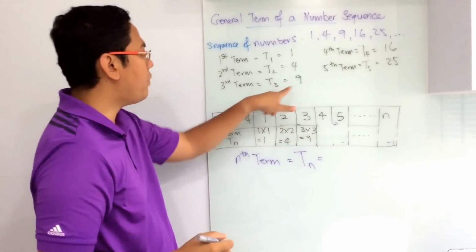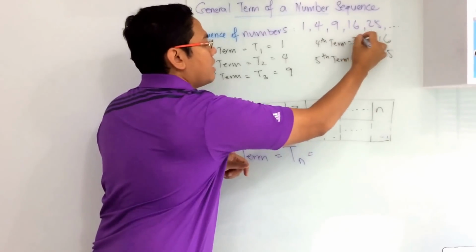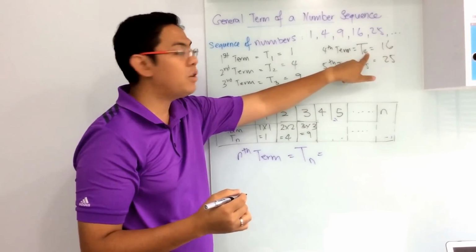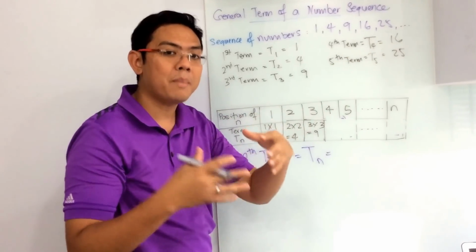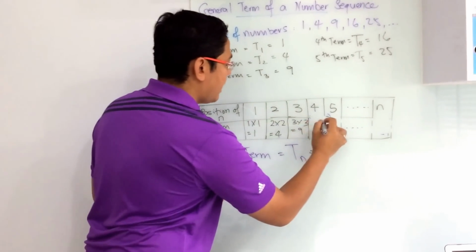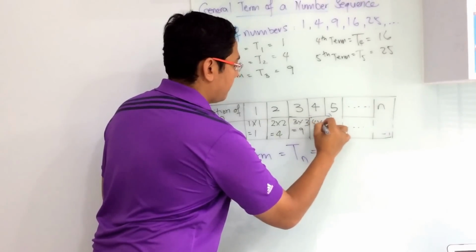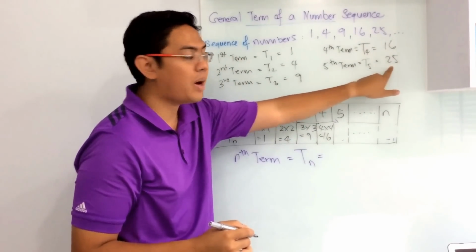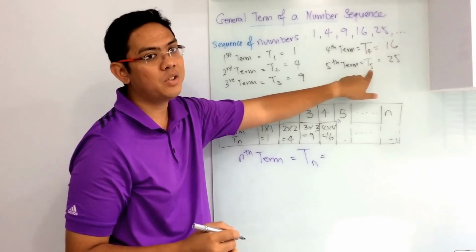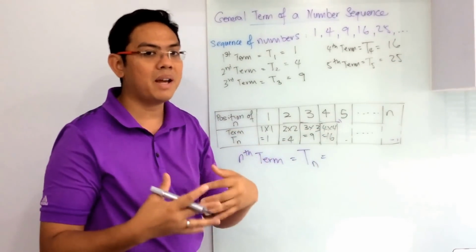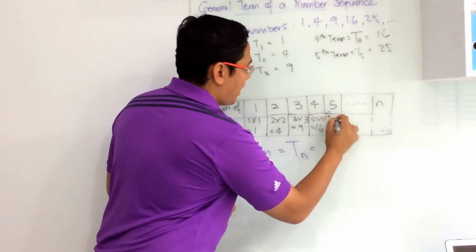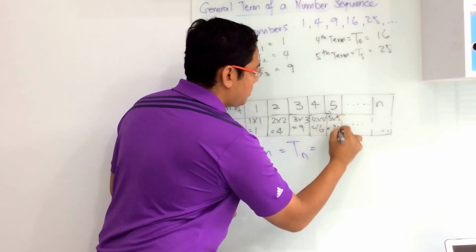The fourth term, T4, is equal to 16. How do you get 16 from 4? So 4 multiplied by itself gives you 16. And last but not least, 25. What must be multiplied by 5 to get 25? So 5 multiplied by itself, the position number. 5 multiplied by 5 is equal to 25.